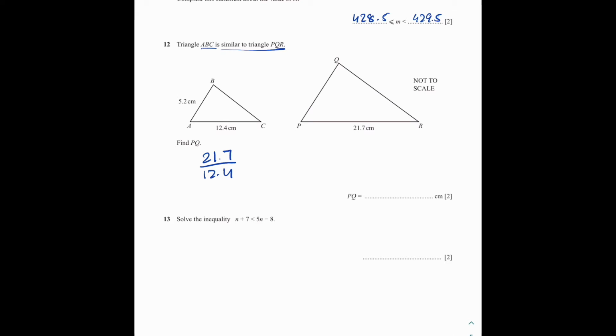If you plug 21.7 divided by 12.4 into your calculator, it's 1.75 times larger. So 5.2 times 1.75 is 9.1, and that's 9.1 centimeters.